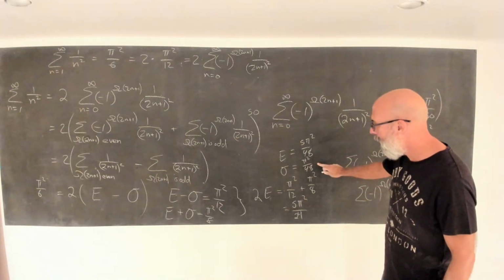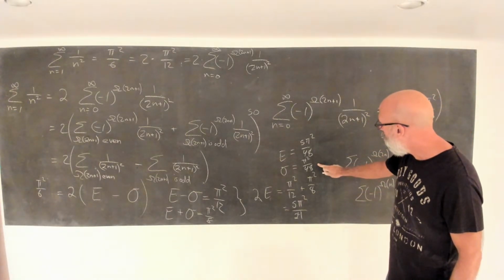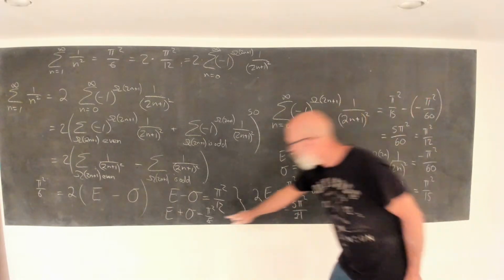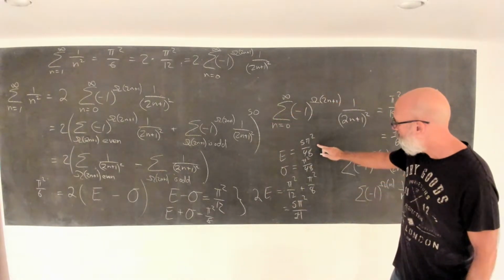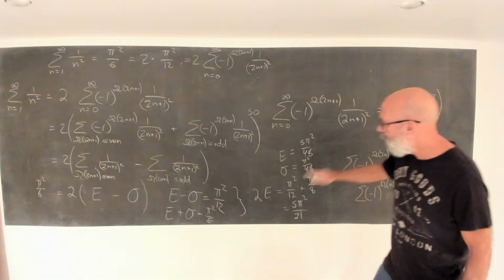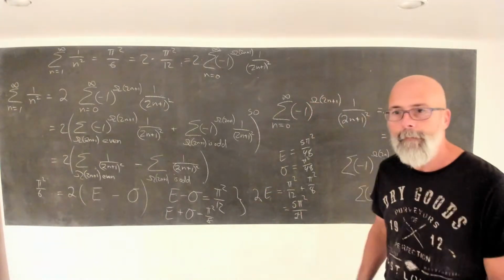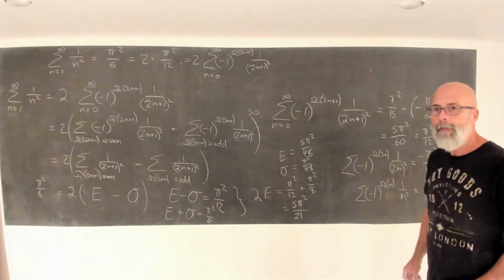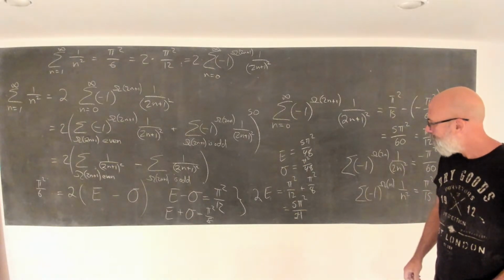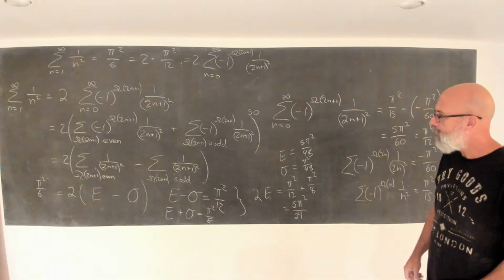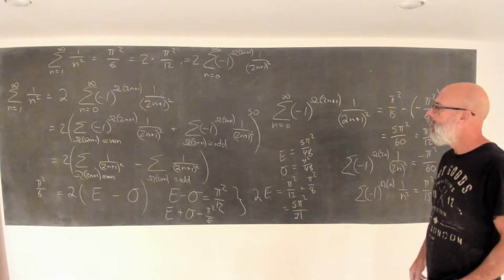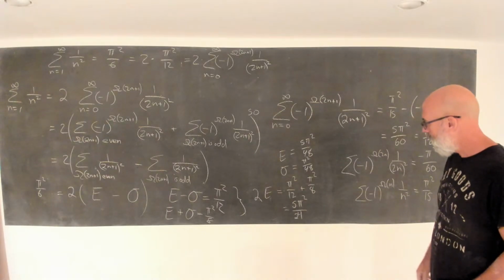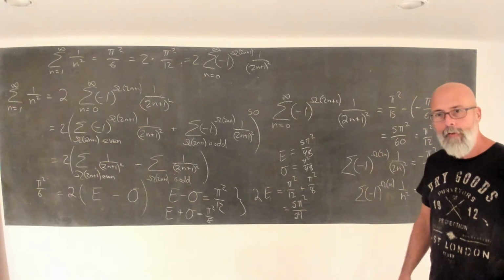When you add the two, you get 6 over 48, which is pi squared over 8. And when you subtract the two, you get 4, which is pi squared over 12. There it is. All right, so there it is. That's what I have so far.